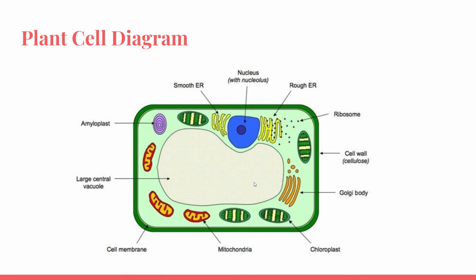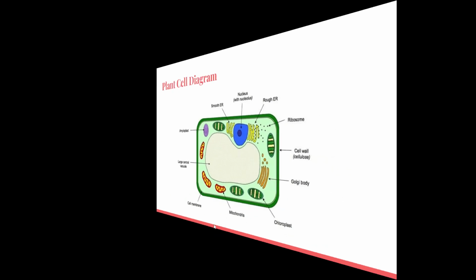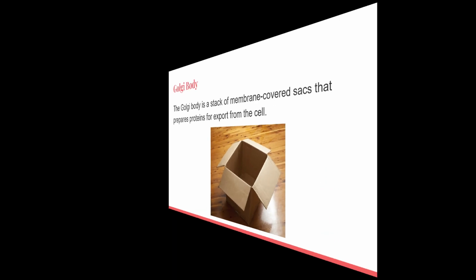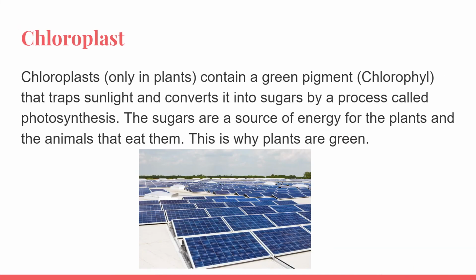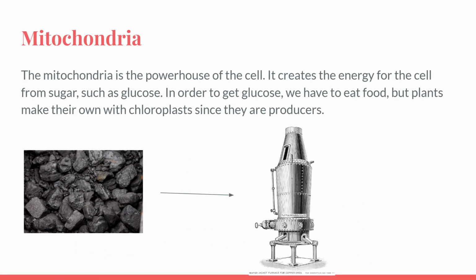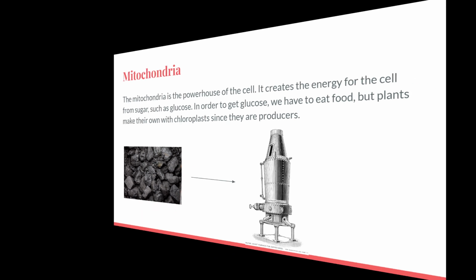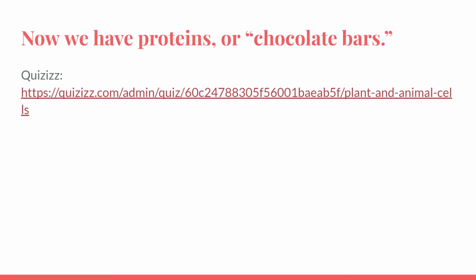And that is processed by their mitochondria, and that is turned into energy. So the mitochondria, as we said, is like a furnace in a factory. Now we have proteins, or chocolate bars. That's our goal, and that was our goal all along.